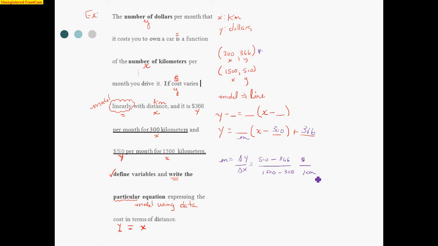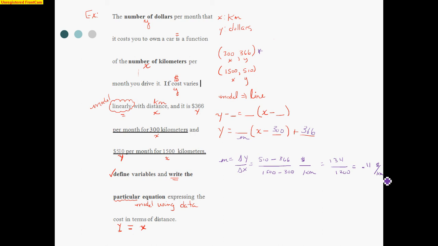So this is 144 over 1200, which is approximately 0.11 over 1 if you want, dollars per kilometer.